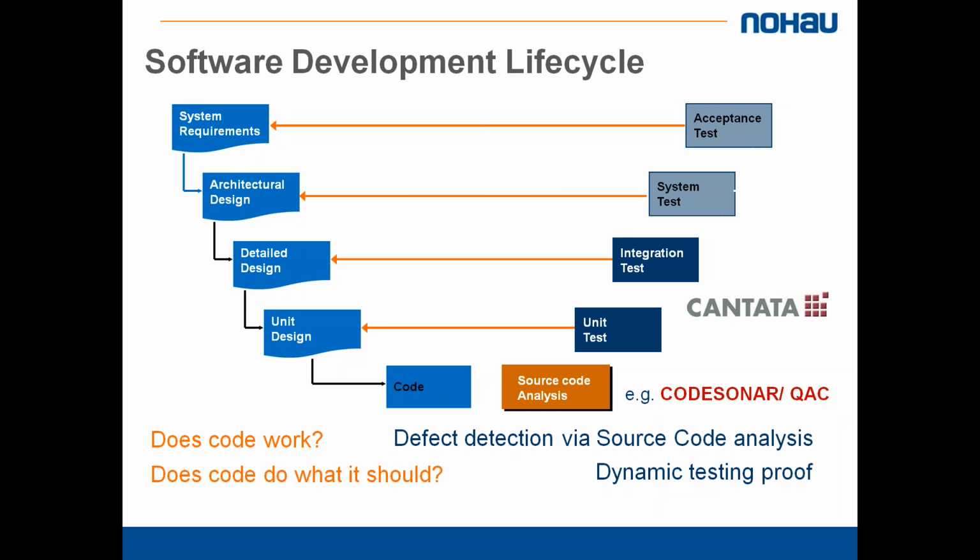We use Cantata for unit testing of individual small units like functions, methods, etc. And we do integration test with Cantata for larger modules. Cantata is not a tool for system test where you can test your complete application and hardware. But it's possible to use Cantata for testing your software in your target.